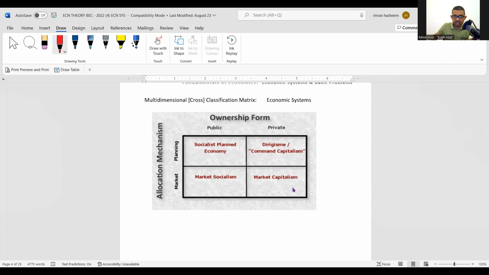So the normal trend we see in the world is that capitalist countries use market economic systems, and the mechanism they use is the price mechanism.